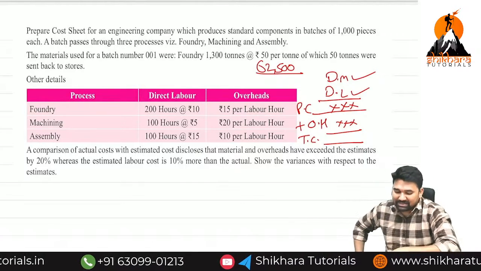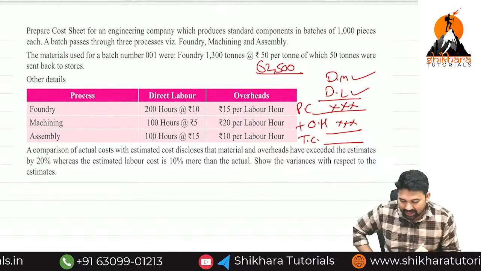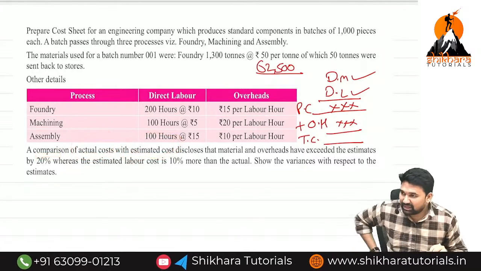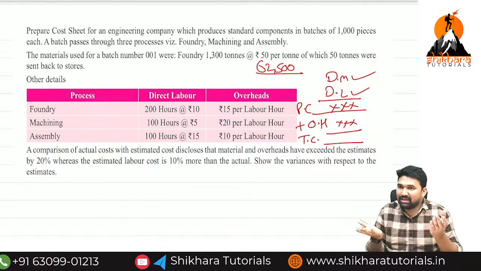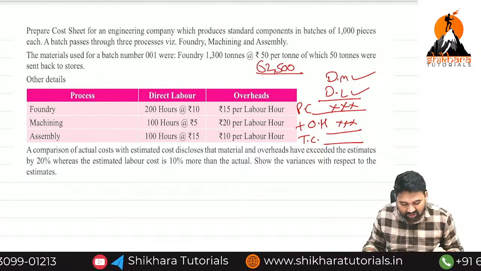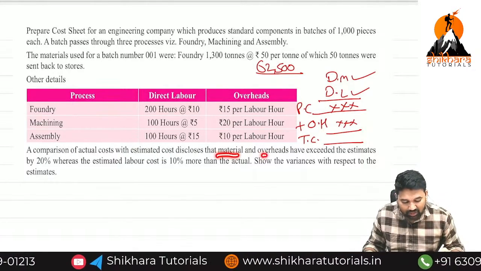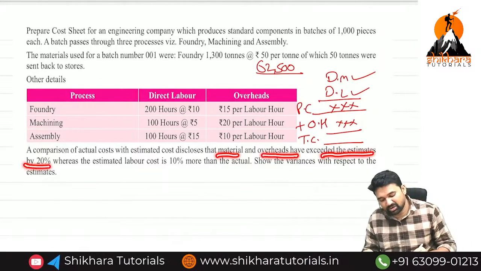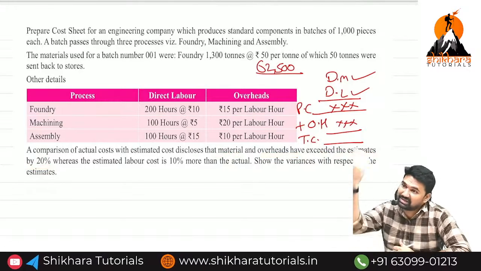Clear? In the same way, here also a comparison of actual cost and estimated cost is made. In that situation, material and overhead expenses exceeded the estimate by 20%. Exceeded, దాటిపోయింది.